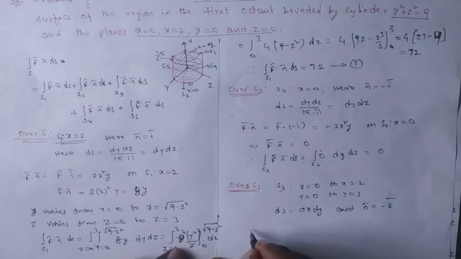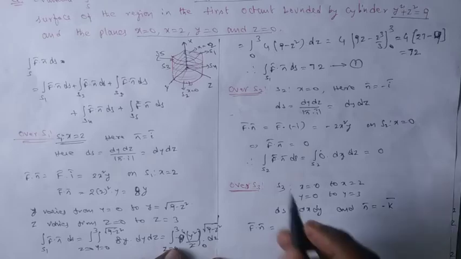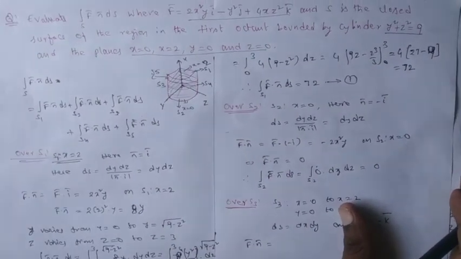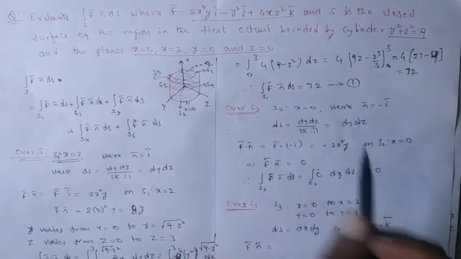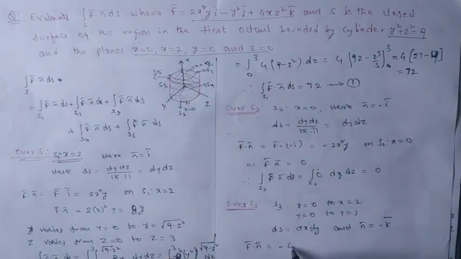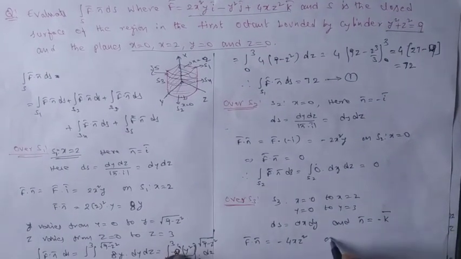Now I can take f bar dot n bar. We know what f bar is, so f bar dot k bar becomes minus 4x z square on S3.